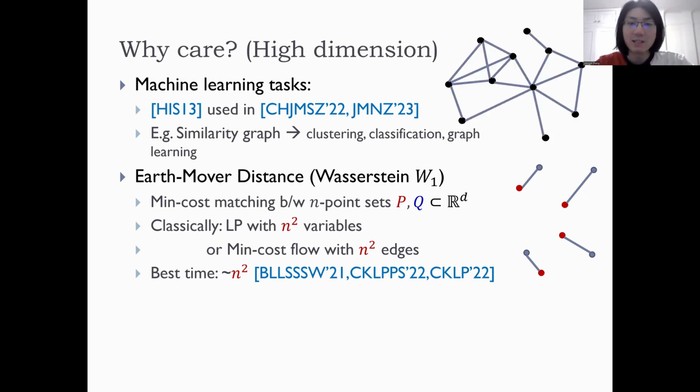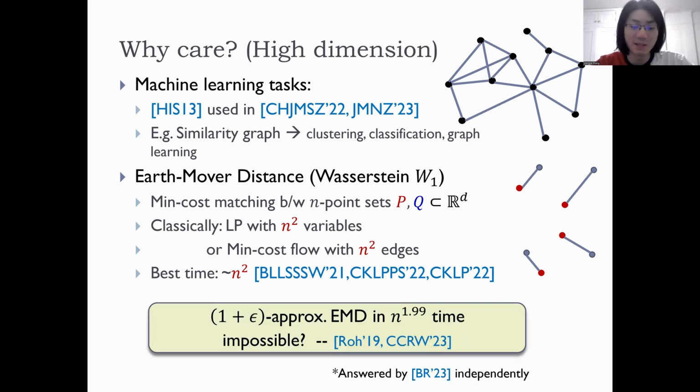And we hope that the Euclidean spanner can help in this task. Suppose we have a Euclidean spanner with a low stretch and a sub-quadratic number of edges, then we are able to approximate the EMD distance very well. Actually, we are aware of recent papers considering the hardness of 1 plus epsilon approximate computing of the EMD distance in sub-quadratic time.